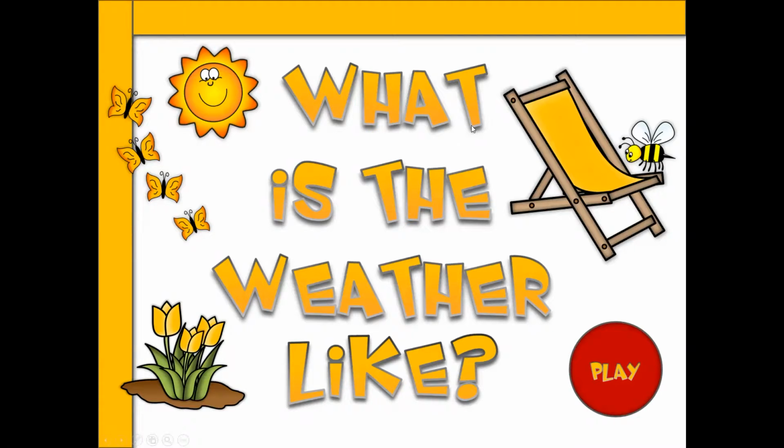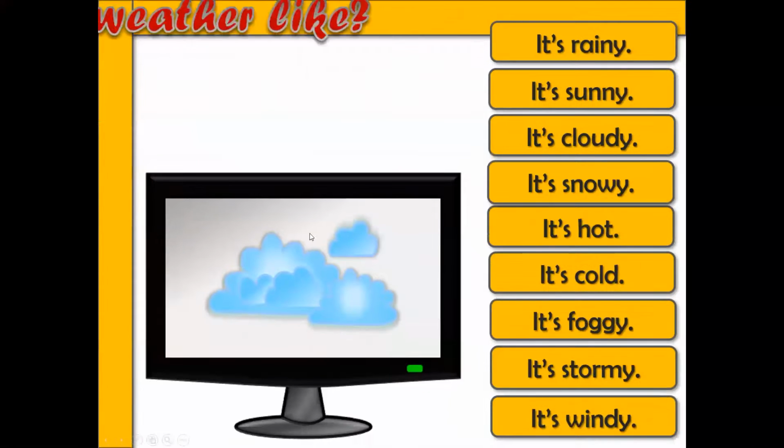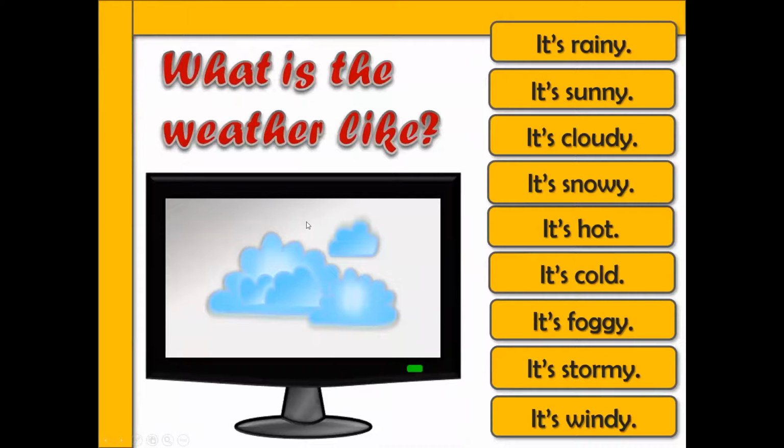So what is the weather like? Practice, let's repeat. What is the weather like? Good. So what is the weather like, student? It's cloudy. Very good. So we have it's cloudy here.